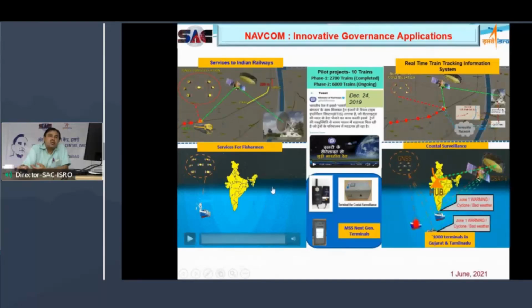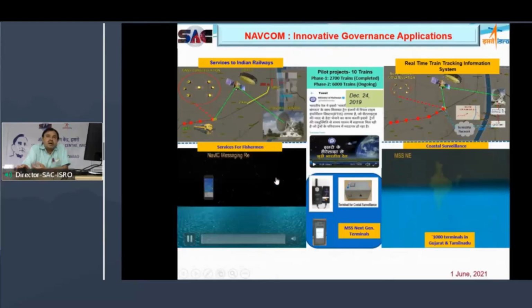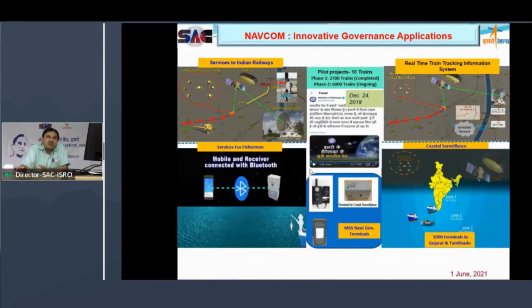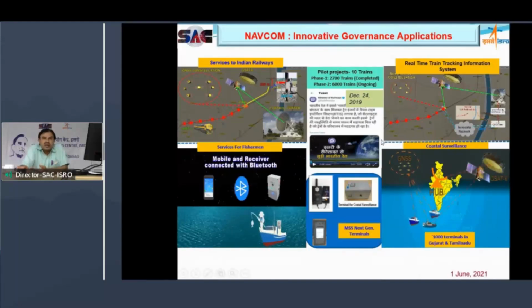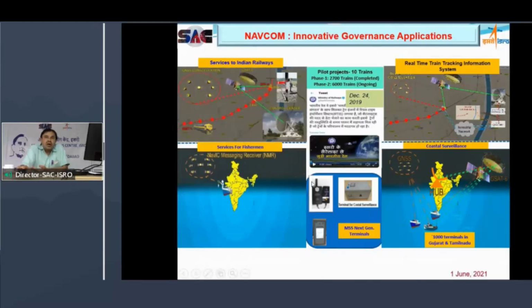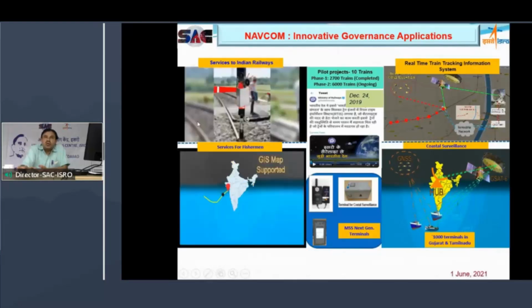Similarly, boats. All of you know what happened in Bombay, that a boat from our neighboring country entered Bombay and nobody noticed it. Terrorists came out of that and fired at innocent people, and almost 168 people died in that attack. To avoid all such things, all Indian boats will carry this water terminal, like the one we are putting in the locomotive.